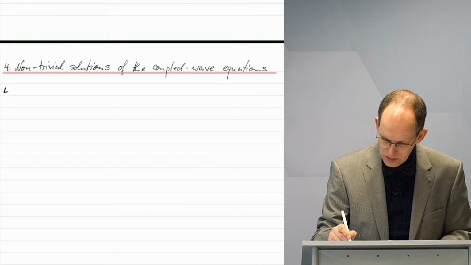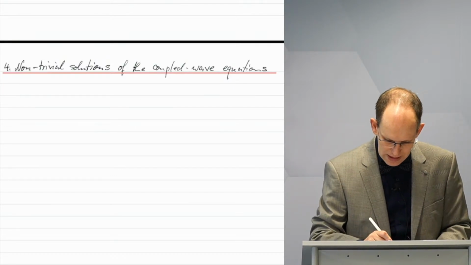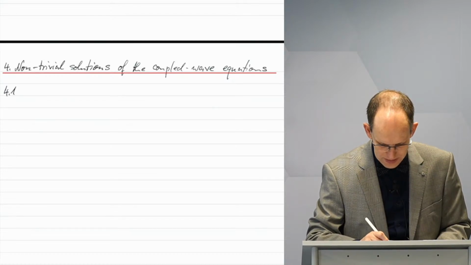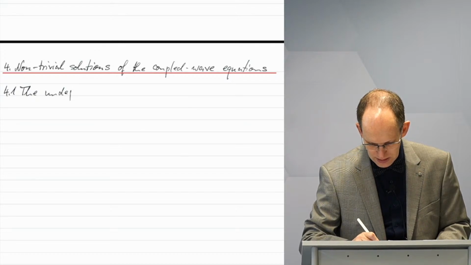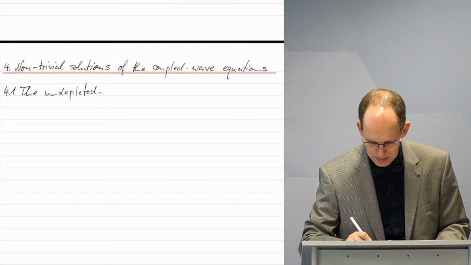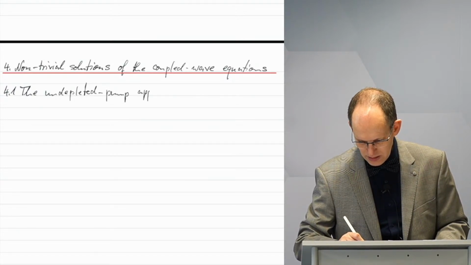Probably you already have an idea what it could mean. So 4.1, the undepleted pump approximation. And actually we won't do more than the undepleted pump approximation in this chapter.